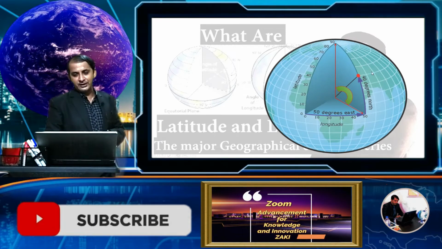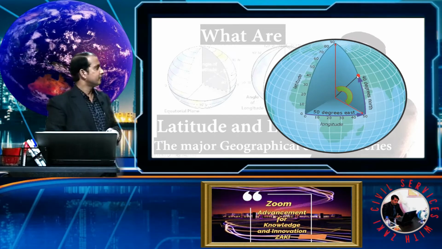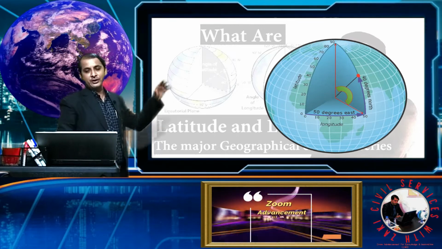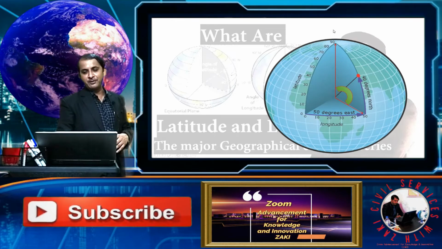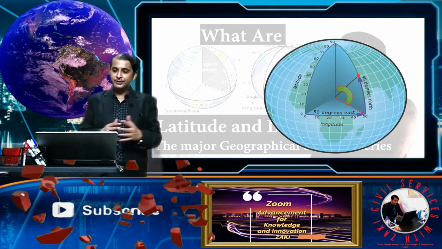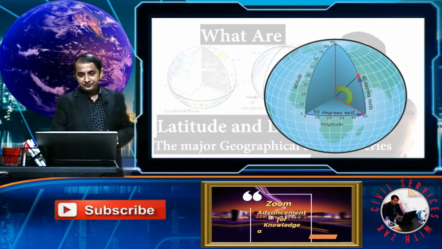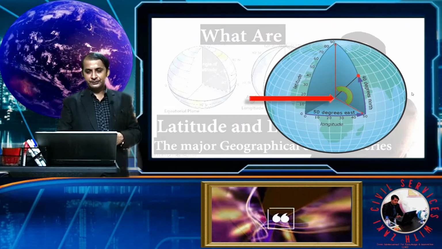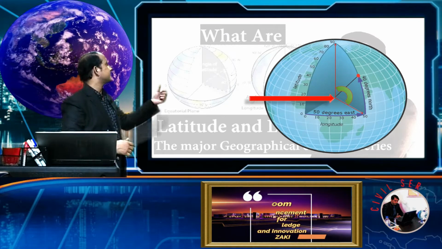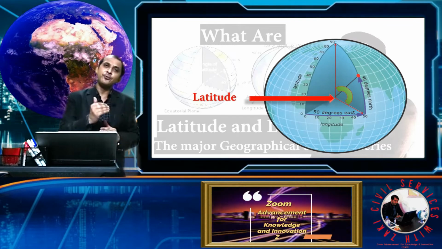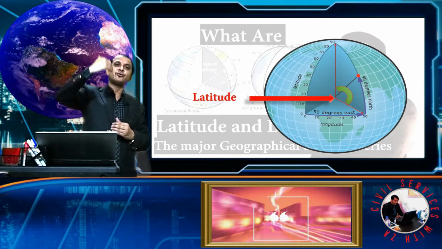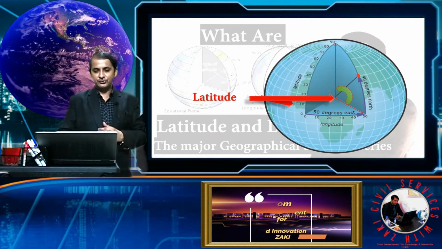Here it is 40 degrees. If you go to the pole, it is directly perpendicular, so it is 90 degrees. This is called latitude.